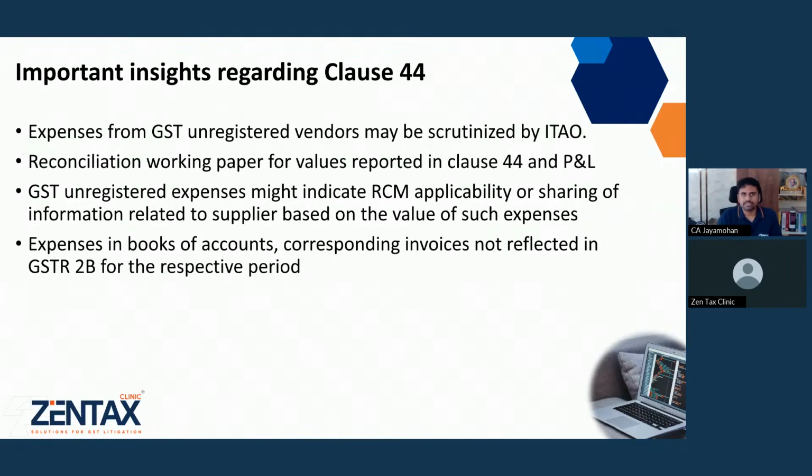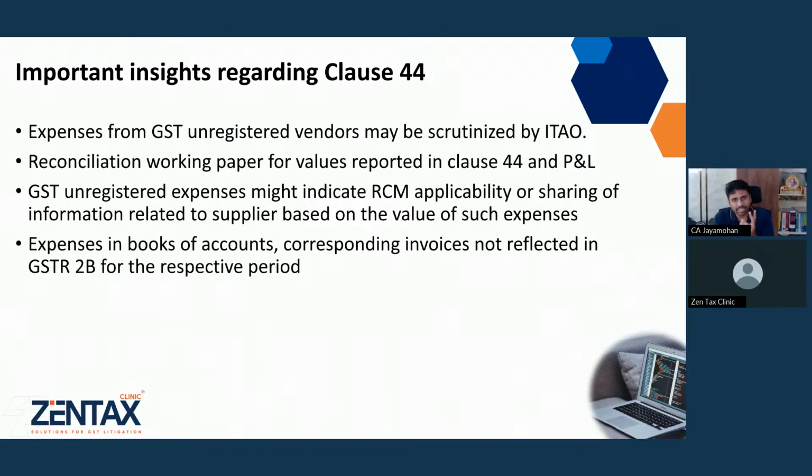Then you will have to maintain a reconciliation working paper. In the books of accounts, the total ITC and total expenditure will be based on the audited financial statements and audited books of accounts. It is not necessary that all suppliers have correctly filed their GSTR 1 return and that it has been reflected in 2B. So there will be a certain set of invoices already booked in the books of accounts which are not reflected in GSTR 2B.